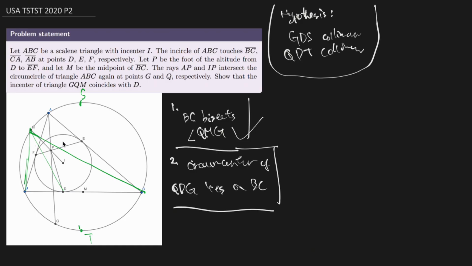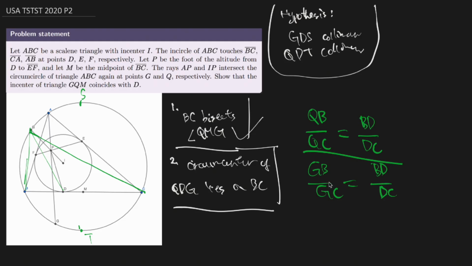And by angle bisector theorem, we have that QB over QC is equal to BD over DC. Okay, and similarly on the other side, we can do the same thing and show that DG bisects angle BGC, and so that GB over GC is equal to BD over DC.